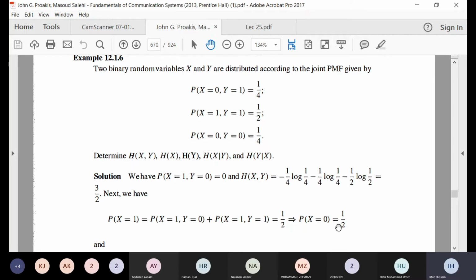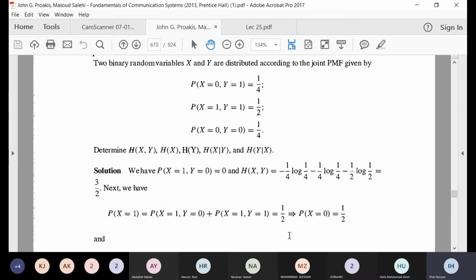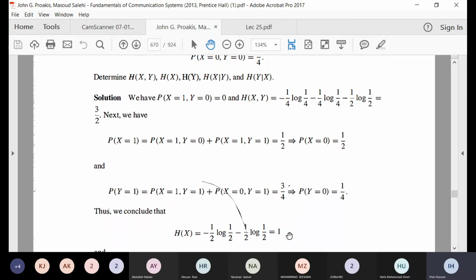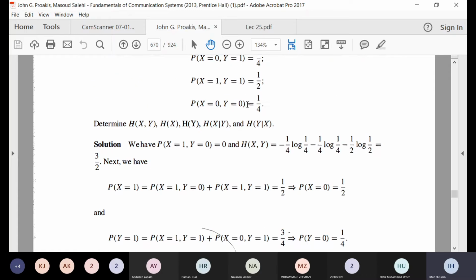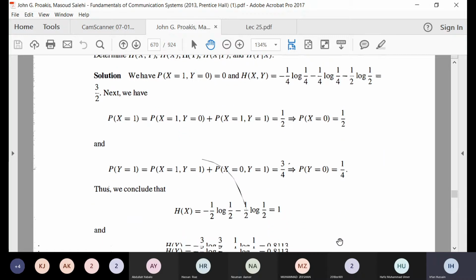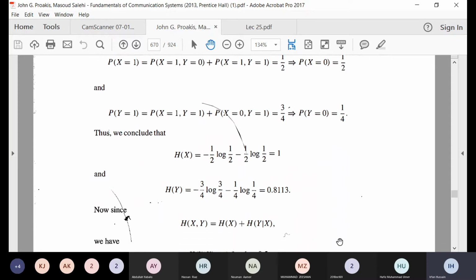Probability of x=1 is equal to half, so the probability of x=0 will also be equal to half. Similarly, we find the probability of y. Because y=0 has two entries, you add these two probabilities and you get 3 over 4, so y=1 comes out to 1 over 4. With the probabilities of x and y, you can find H(X).